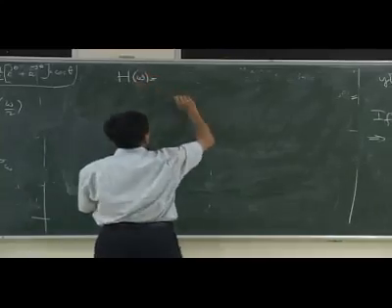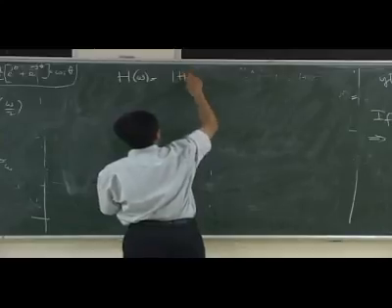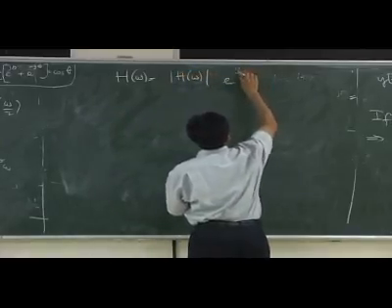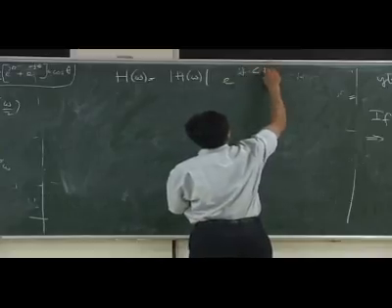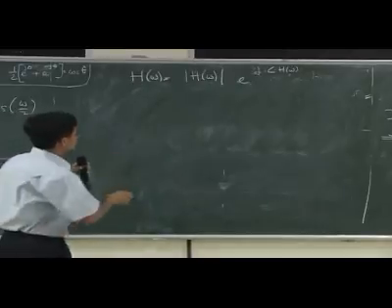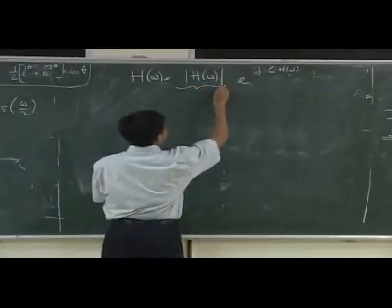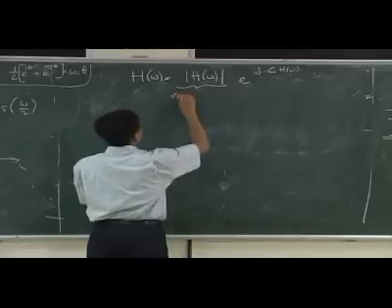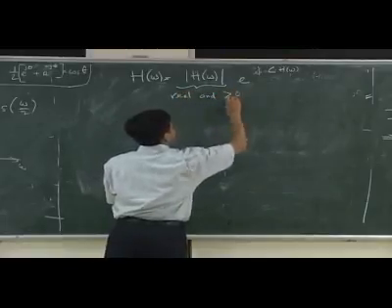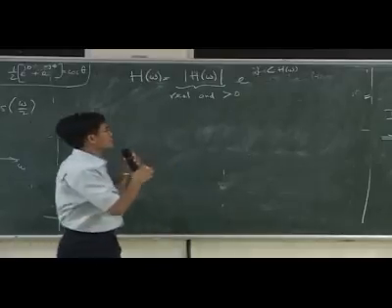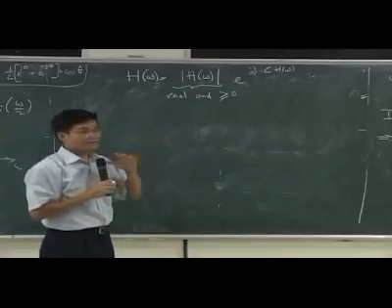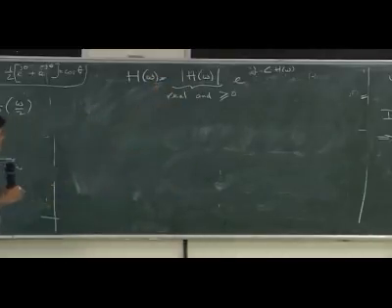H of omega equal to the magnitude times e to the j of the phase of H of omega. Okay. And this magnitude is real and bigger than or equal to 0. You agree, right? This thing is real and bigger than or equal to 0.